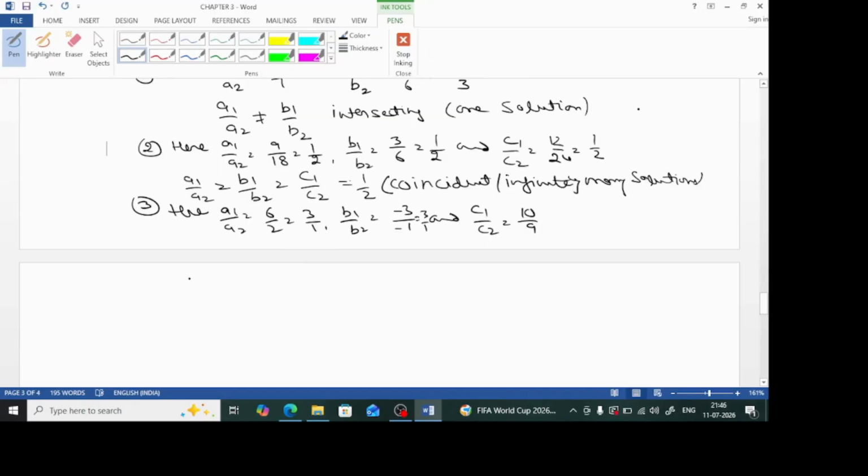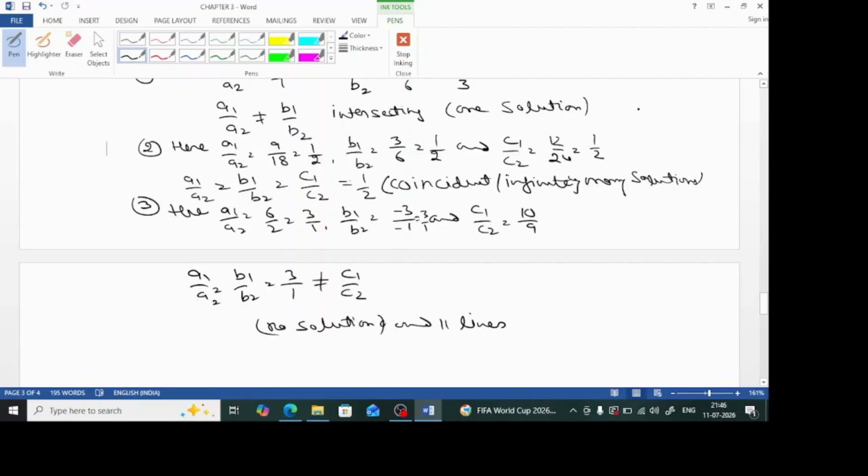Here we see a1 upon a2 is equal to b1 upon b2, that is 3 upon 1, but not equal to c1 upon c2. Therefore, it has no solution and parallel lines.